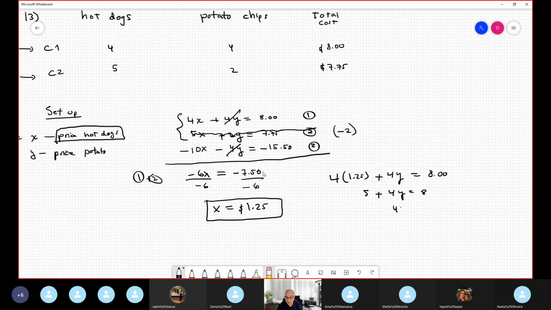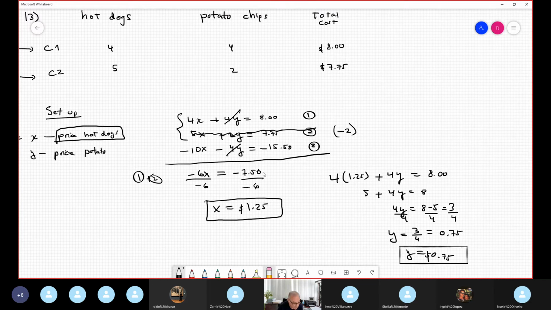And now 4y is equal to 8 minus 5, which is 3. Y is equal to 3 over 4. Expressed as a decimal, it's 0.75. So y alone, the price of the potato chip, is $0.75.